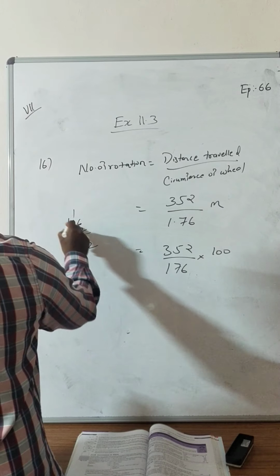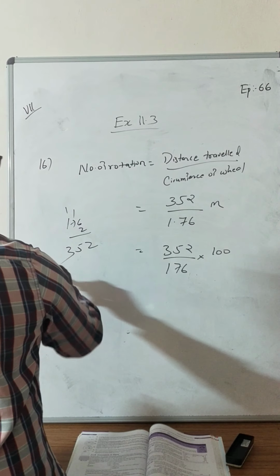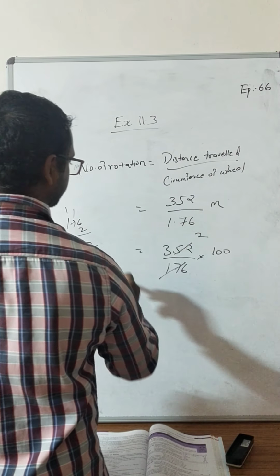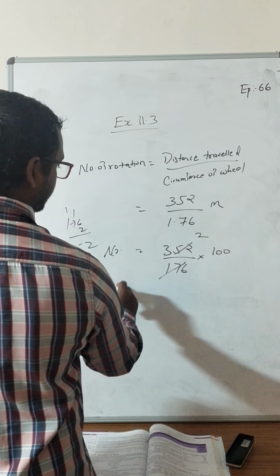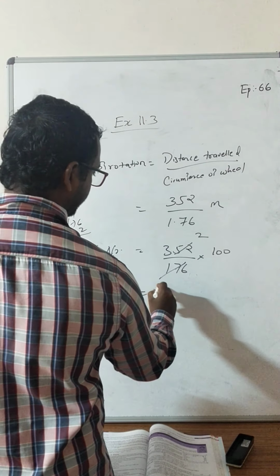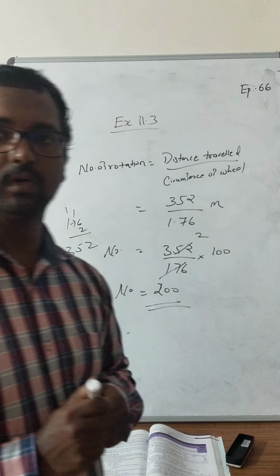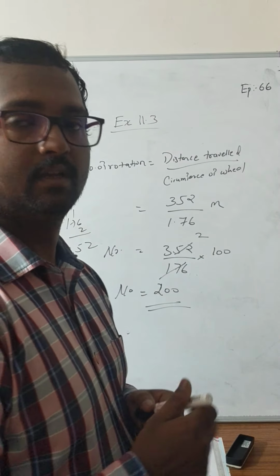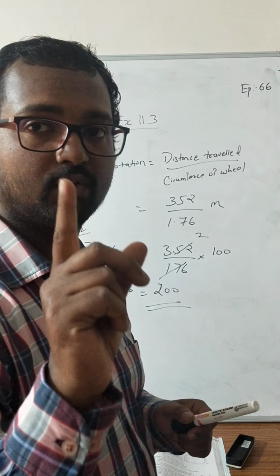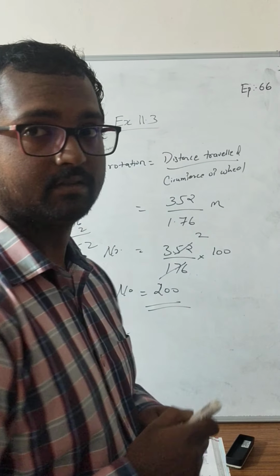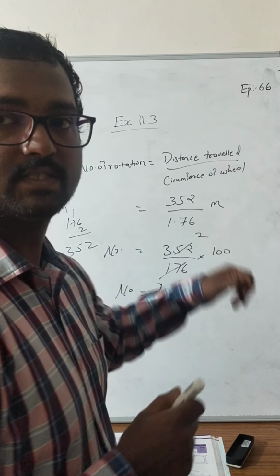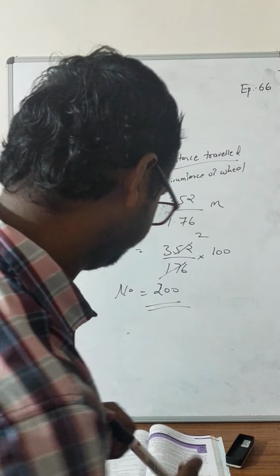So number of rotations is 2 into 100, which is 200 rotations. It will take 200 rotations for that wheel to cover a distance of 352 meter, with a circumference of 1.76 meter.